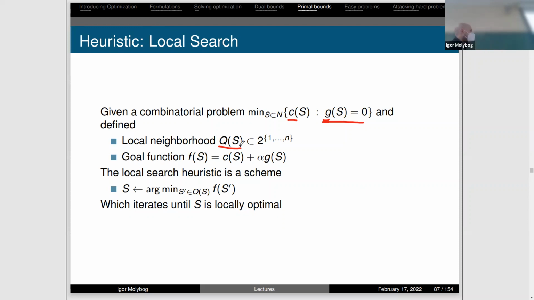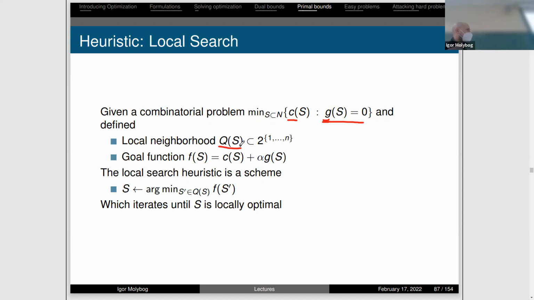So basically, a subset of this form would be a local neighborhood because we only switched from this point to this one, or a subset of this form would also be another example. We again switched from this point to this point.